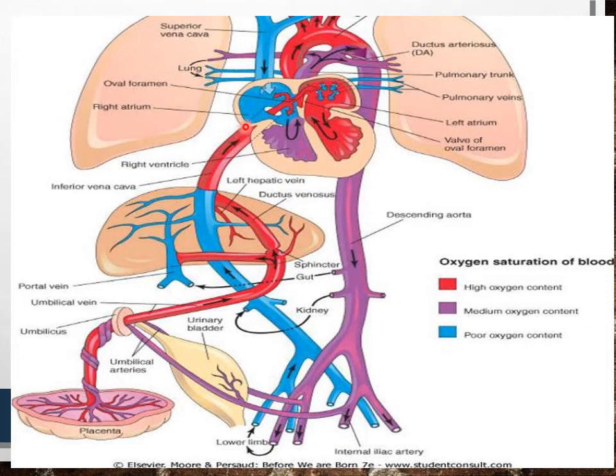Passing through the ductus venosus and then the inferior vena cava, the blood enters the right atrium of the heart. But here it does not stay long. It is directed into the left atrium of the heart directly through the foramen ovale.